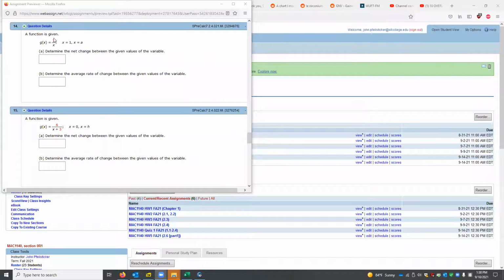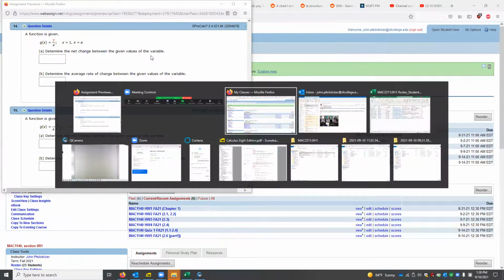Mm-hmm. All right, let me turn on my screen share here. This is the particular problem. The red here indicates that this is a randomly generated thing, so your numbers may be a bit different. But I can show you how to do this one. We can kind of work through it together. Does that sound good? Yeah. All right.